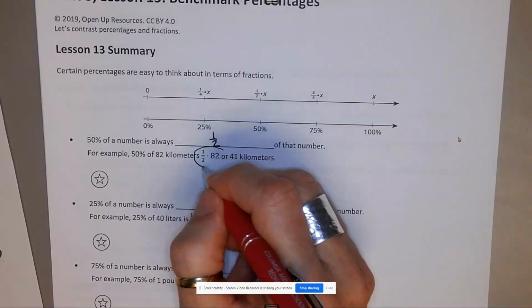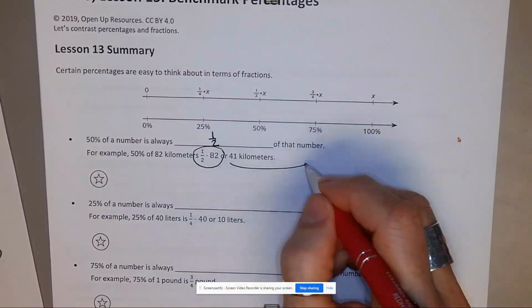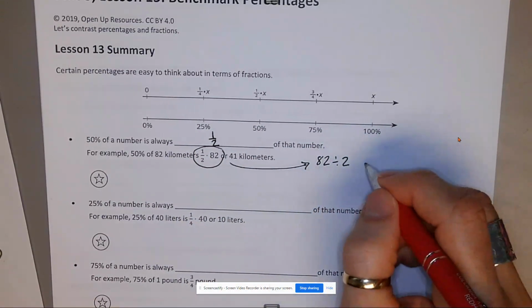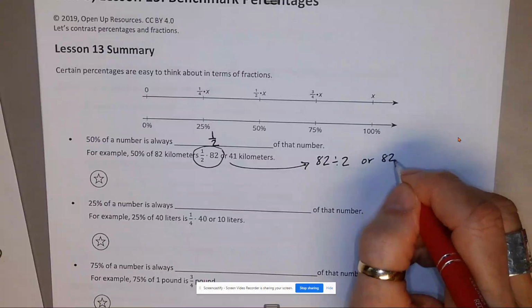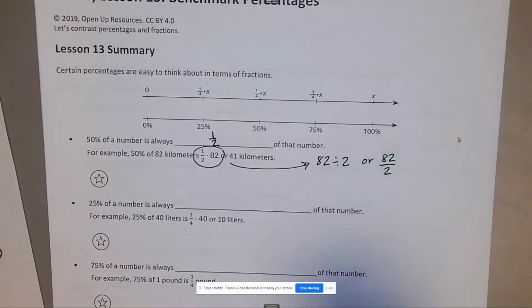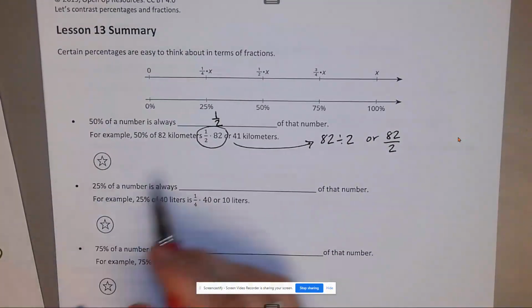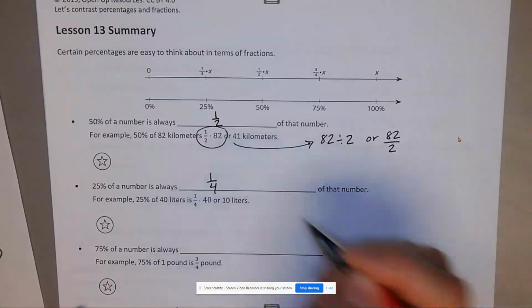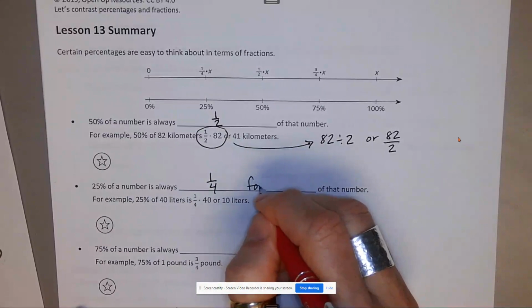Now we've talked about half a lot. Half of something is the same as saying divided by 2, or 82 divided by 2, which means half. 25% is 1/4 of a number. You say fourth.